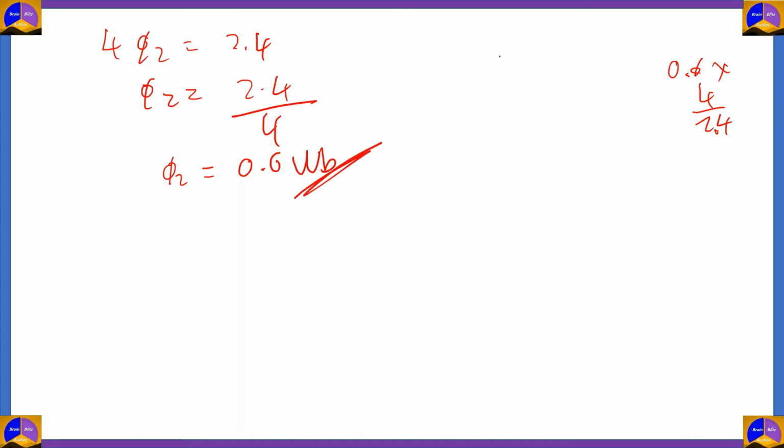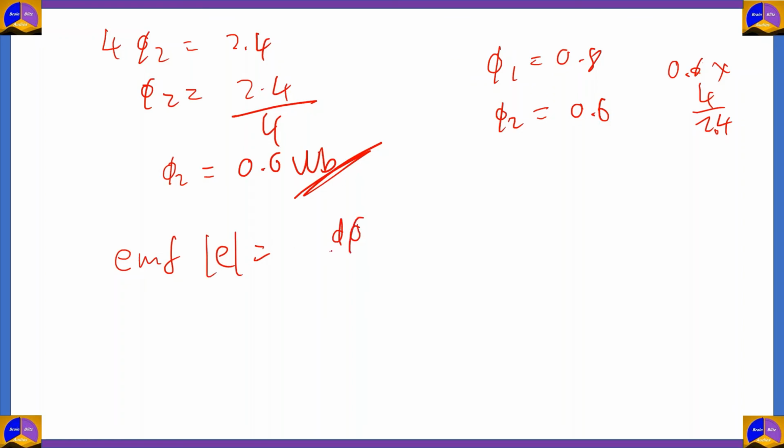So now we know the value of phi 1, which is 0.8. We know the value of phi 2, which is 0.6. Now we need to find the change in flux. And the reason why, because the formula for EMF is d phi divided by dt. This is for the modulus. That's why the right-hand side is positive.